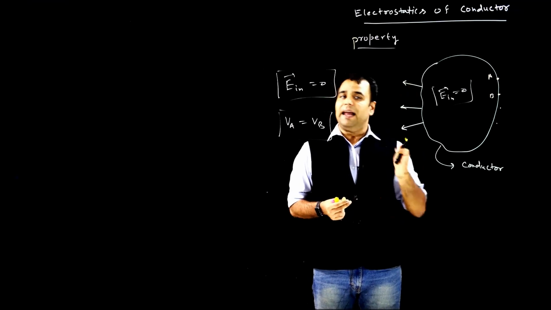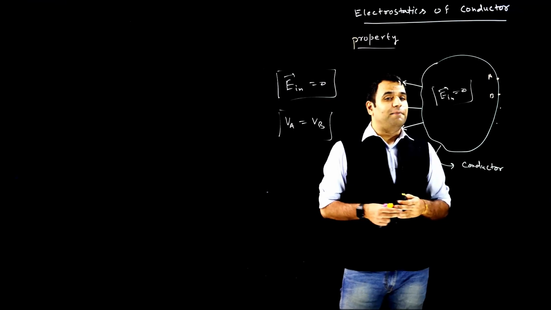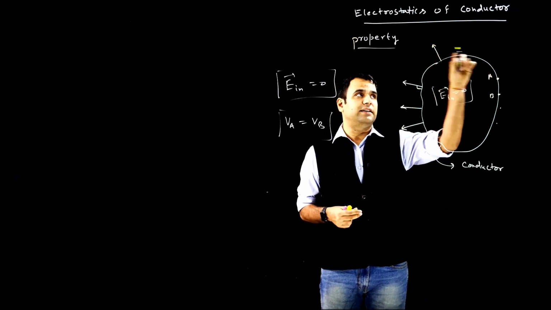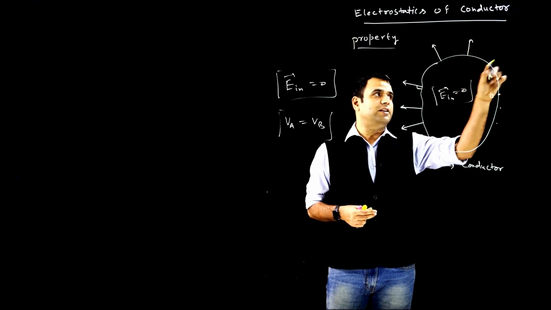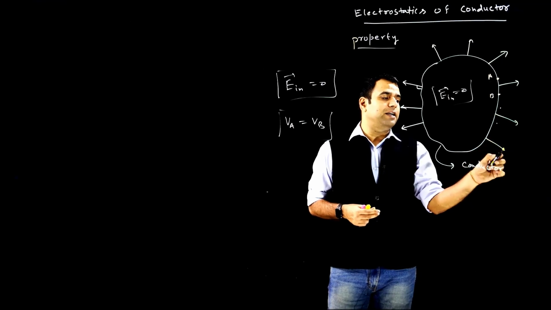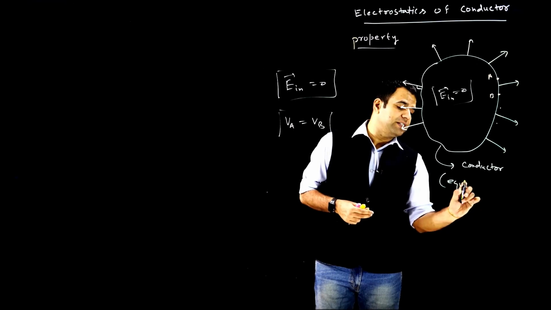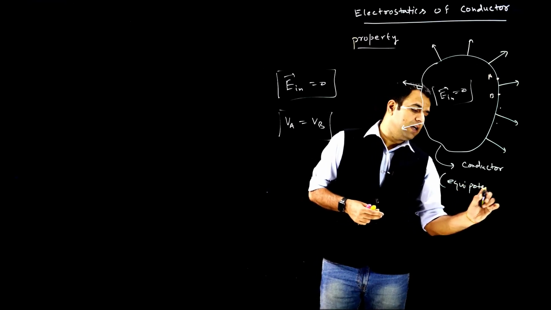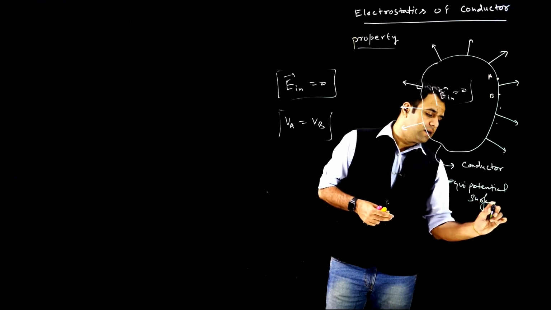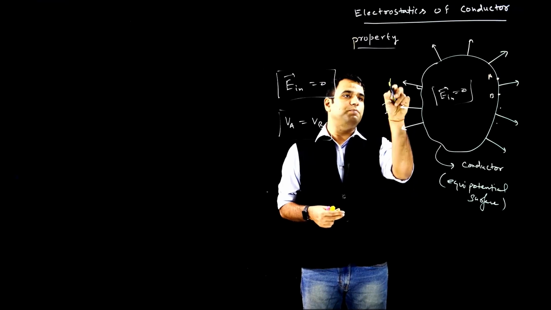Either the electric field will be 0, or if there is an electric field, it will always be perpendicular to the surface, because the outer surface of this conductor is nothing but an equipotential surface. Since it is an equipotential surface, the electric field will always be perpendicular.